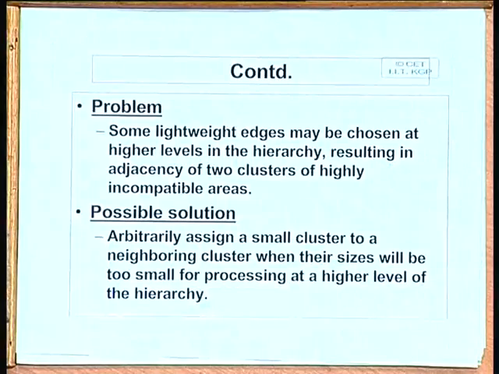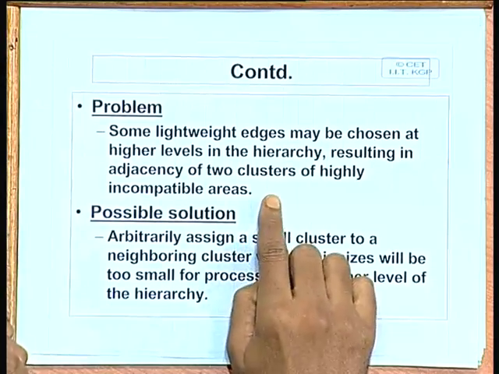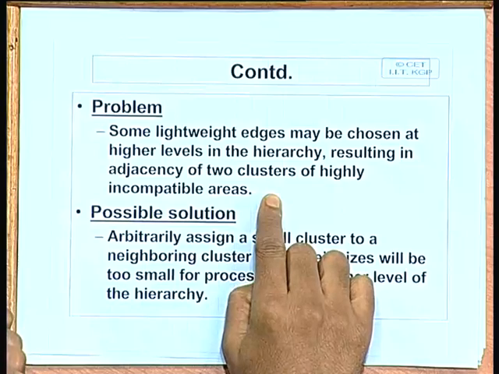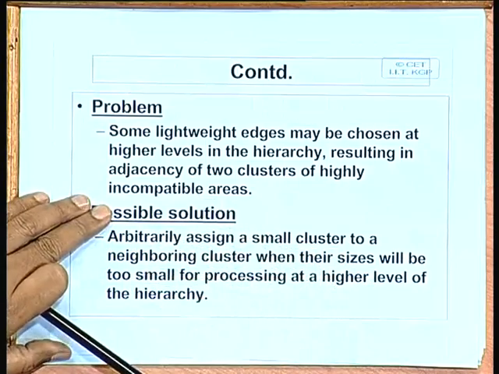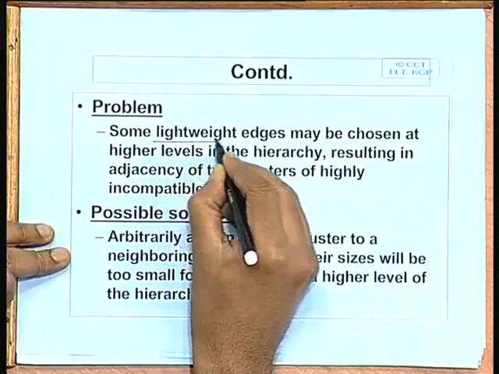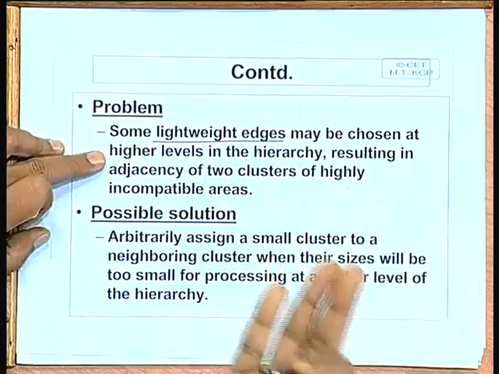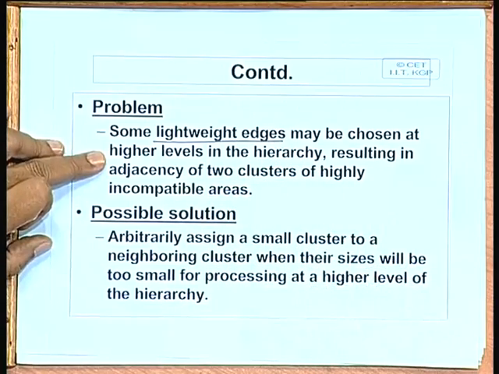But this method suffers from some drawback, as we will show with an example. Here we are following a greedy approach, taking the heavyweight edges at the beginning towards the leaf, and as we move up, the weights of the edges are decreasing. So there may be some lightweight edges which we select at a much higher level.